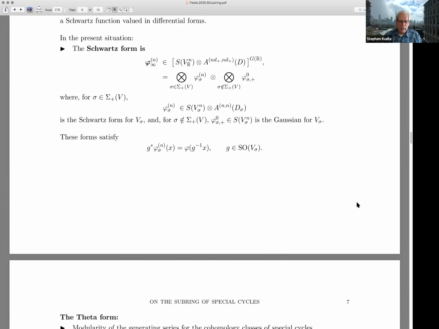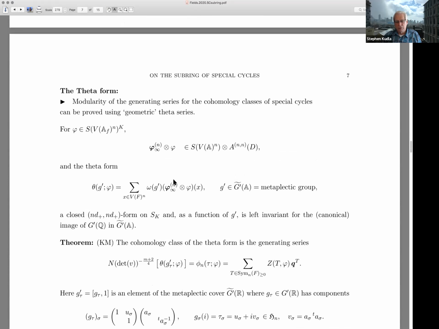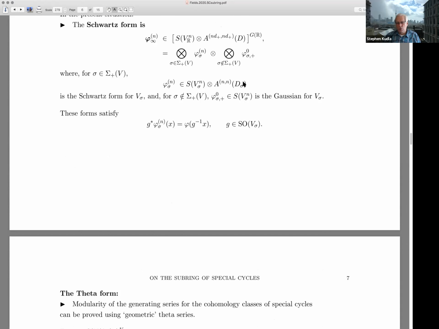And therefore, when you make a theta function out of it, so here I'm taking that and augmenting it by this finite adelic function, I make this theta function gotten by summing over the lattice, translating by the metaplectic group, this Schwartz function evaluated at x. So this is the theta distribution attached to this. And I didn't mention it on the last slide, but these differential forms here are closed differential forms on D_sigma.